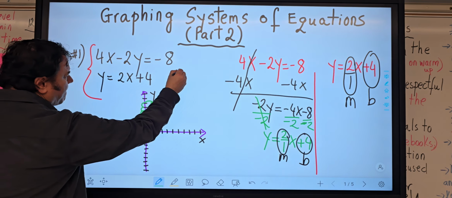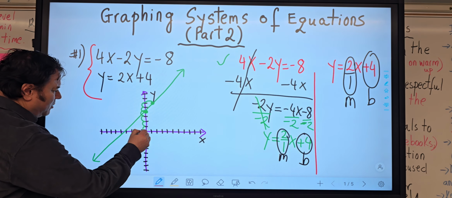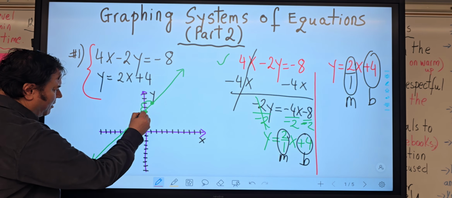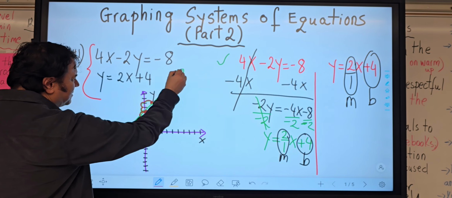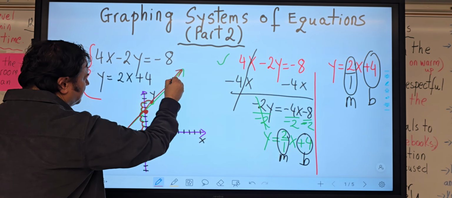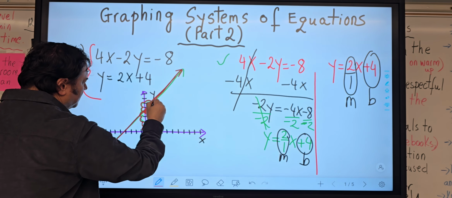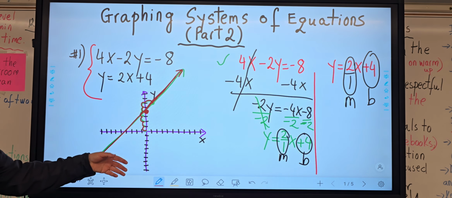The second equation is the same thing. b is 4. So we go 1, 2, 3, 4. And the slope is 2 over 1, the same thing. 1, 2 over 1. And let's connect the dots. And as you see, both lines overlap.